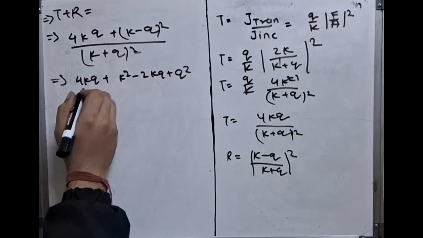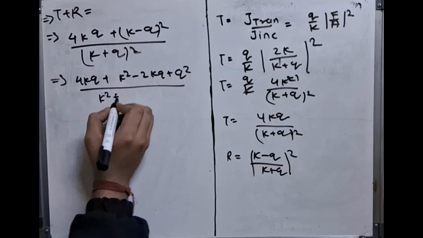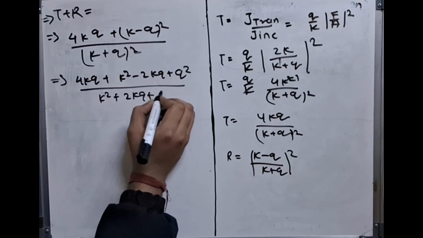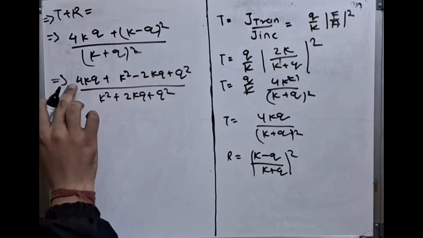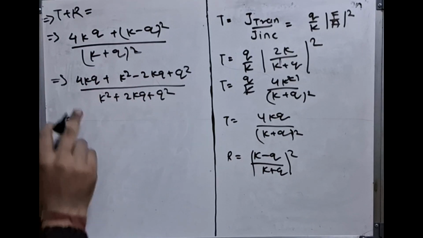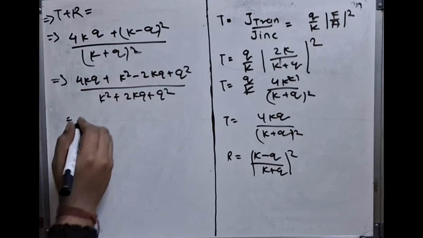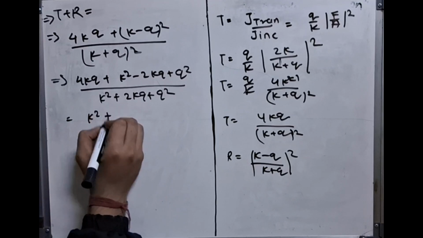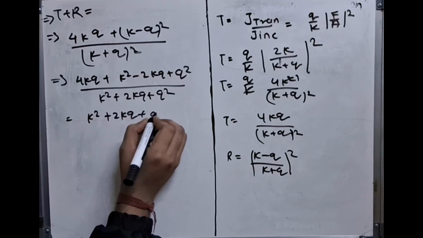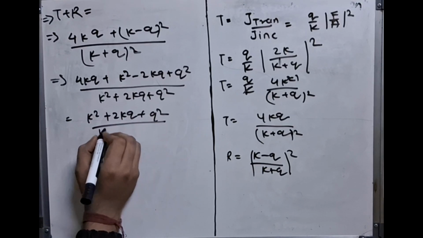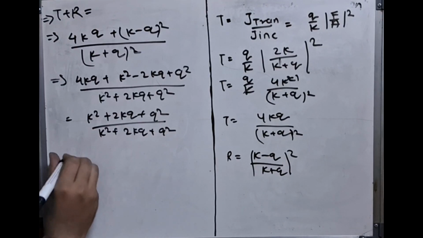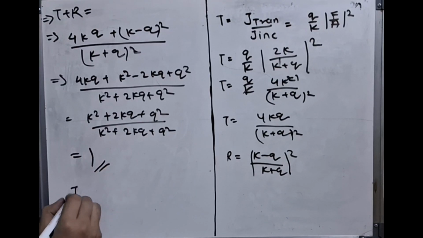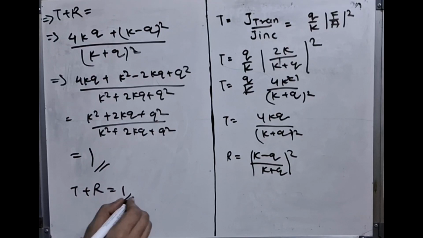We simply expand this, and if you expand, you get this minus 2KQ, and here it is 4KQ in positive, so we get positive 2KQ. So K square plus 2KQ plus Q square over K square plus 2KQ plus Q square, which becomes 1. So T plus R becomes 1.